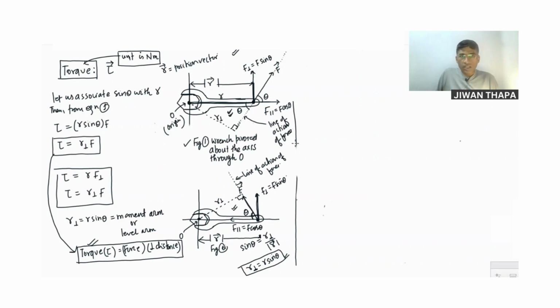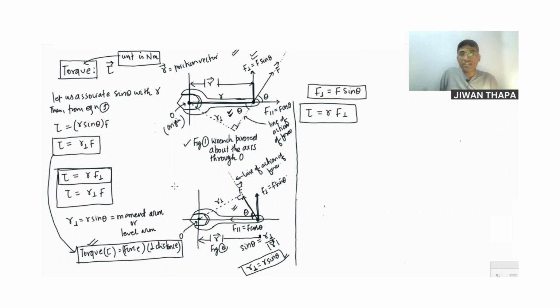Now, let us come to this figure once again. So what we find, torque tau equals r times F perpendicular, and we know F perpendicular is F sine theta.